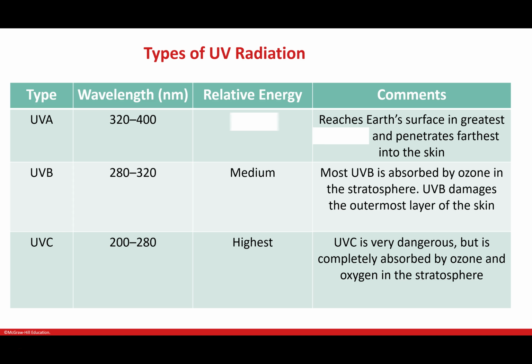And then UVA is the least energetic, but UVA, as I understand it, is what gets down into our skin and causes the mutations that end up giving us the sunburn. So UVA definitely gets through the Earth's atmosphere. UVB, as this slide says, is mostly absorbed by ozone, but not all.